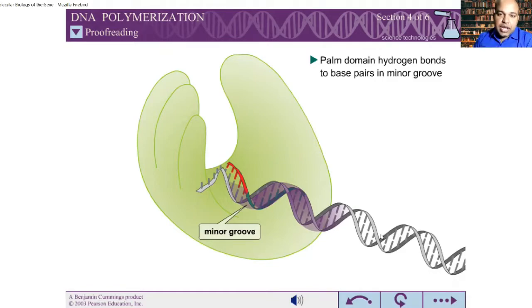DNA polymerase 1 has an ability to perform proofreading. And it performs the most extensive proofreading among all DNA polymerases. सारे के सारे डीएनए पॉलीमरेज में से सबसे ज्यादा इफेक्टिव प्रूफ रीडिंग अगर कोई करता है, then it is always the DNA polymerase 1 which performs the most effective proofreading among all DNA polymerases.